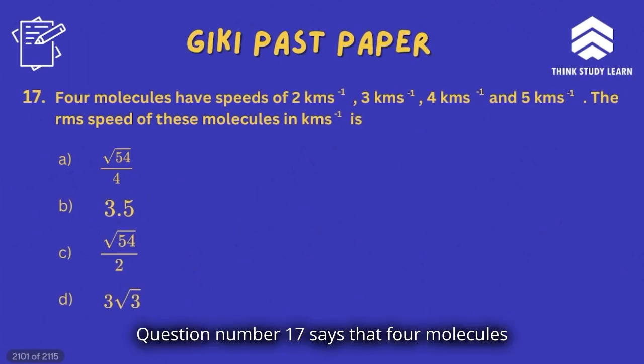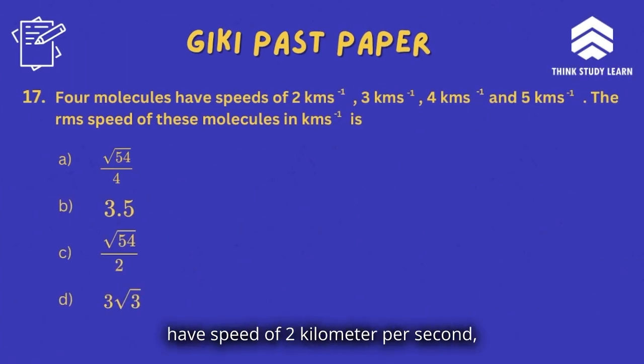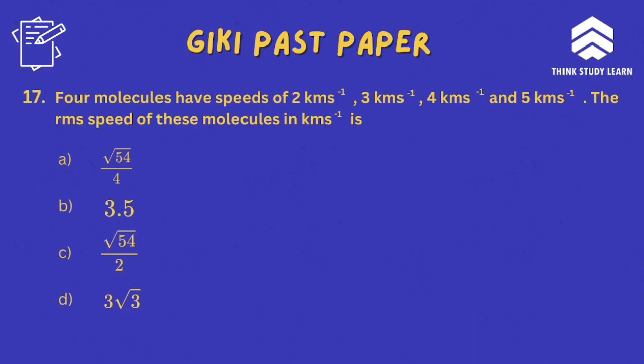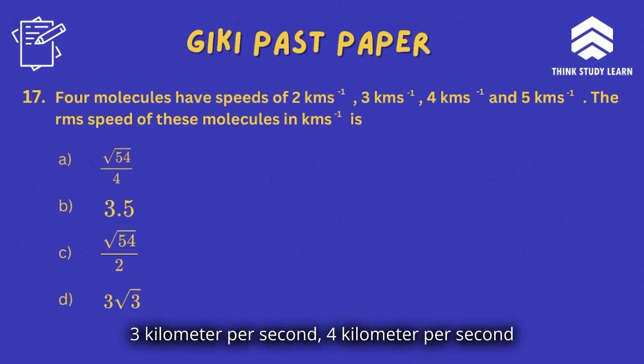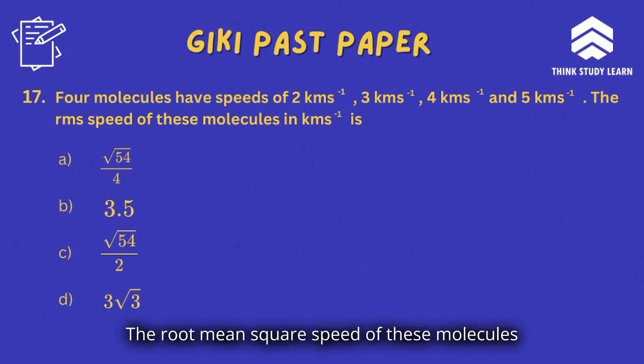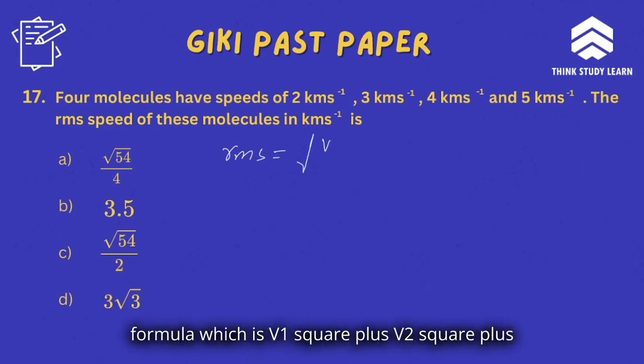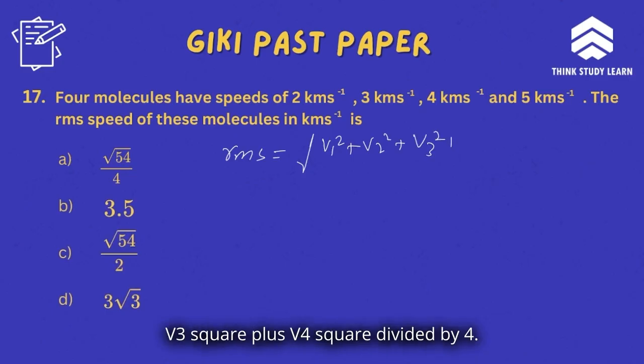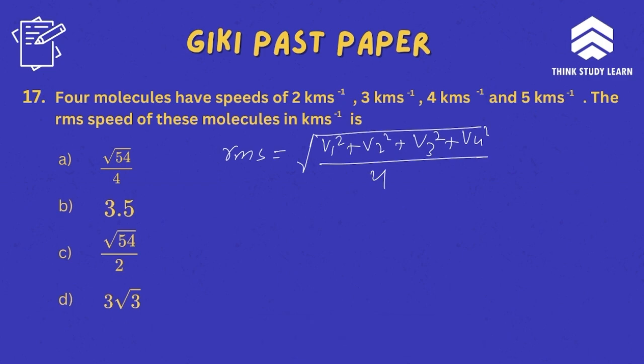Question number 17 says that 4 molecules have speed of 2 km per second, 3 km per second, 4 km per second and 5 km per second. The root mean square speed of these molecules in km per second is, we know that we can calculate root mean square values by this formula, which is v1 square plus v2 square plus v3 square plus v4 square divided by 4.